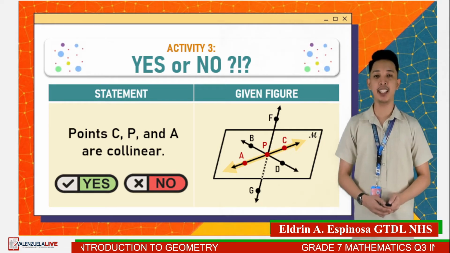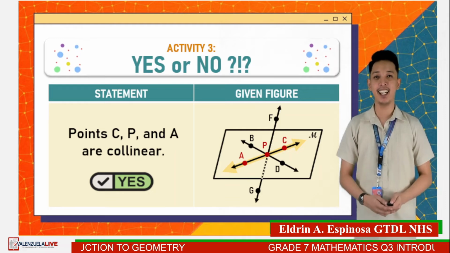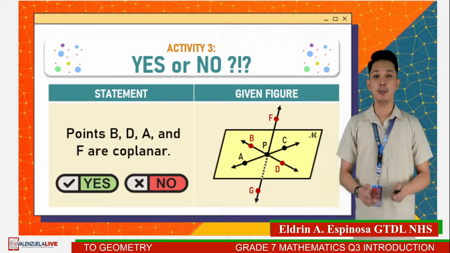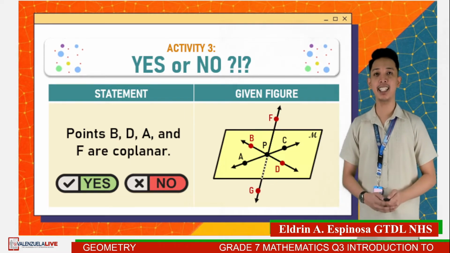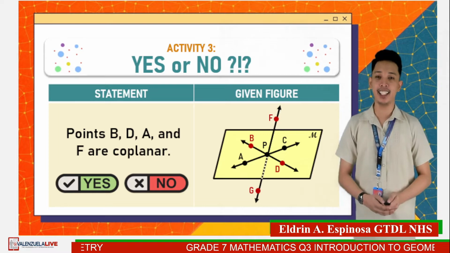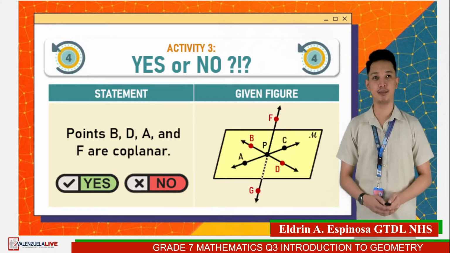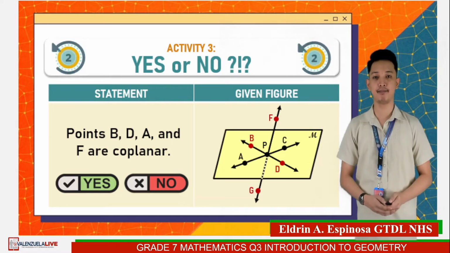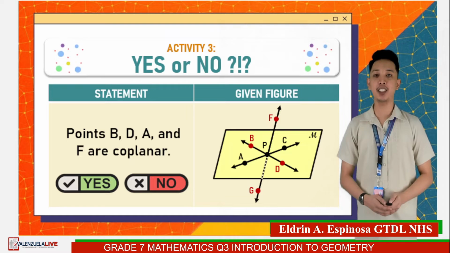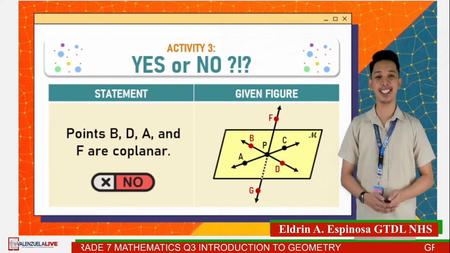If your answer is yes, then you are correct. Next statement. Points B, D, A, and F are coplanar. Yes or no? Go! If your answer is no, then you are correct.